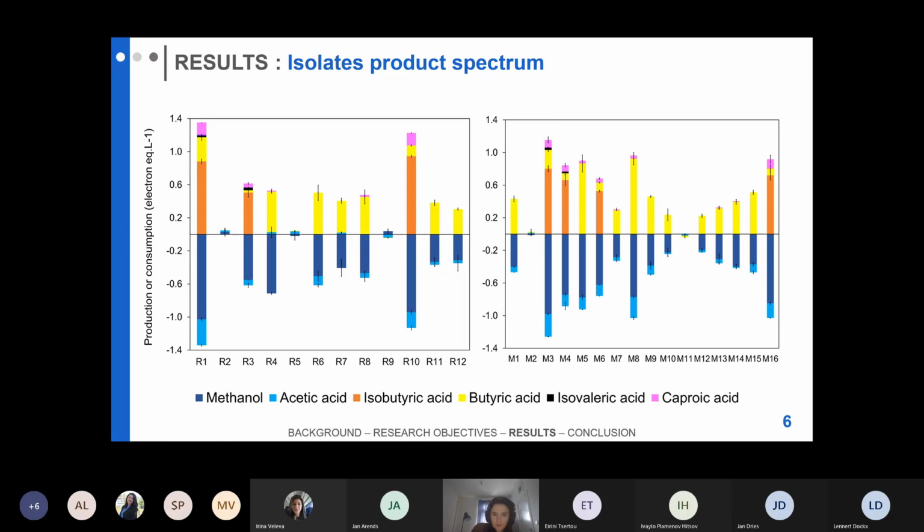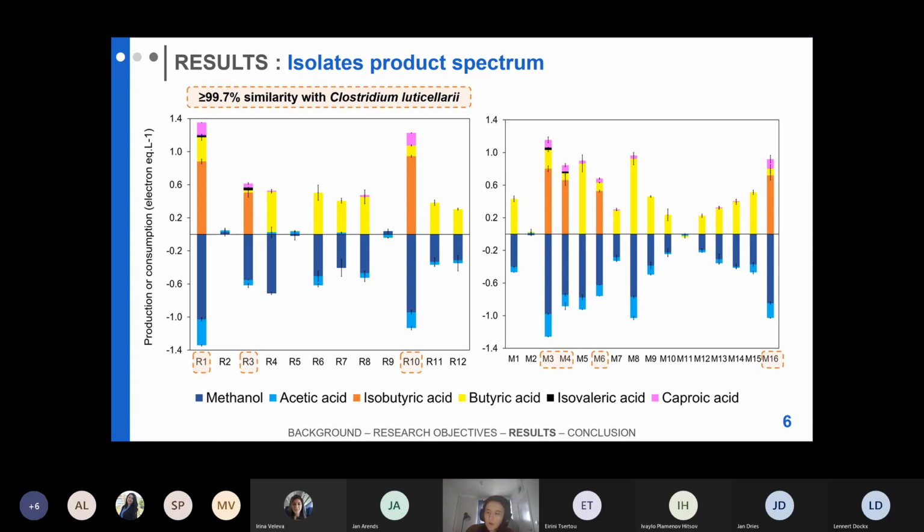Then after testing the product spectrum, I sent all the isolates for 16S sequencing to figure out who was doing what and if different organisms were able to produce isobutyric acid. The results came in, and all the isolates that were able to produce isobutyric acid were related to the same organism, Clostridium luticellarii, which has been isolated really recently, in 2015.